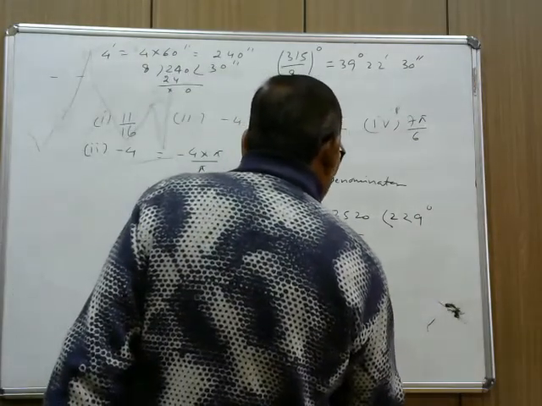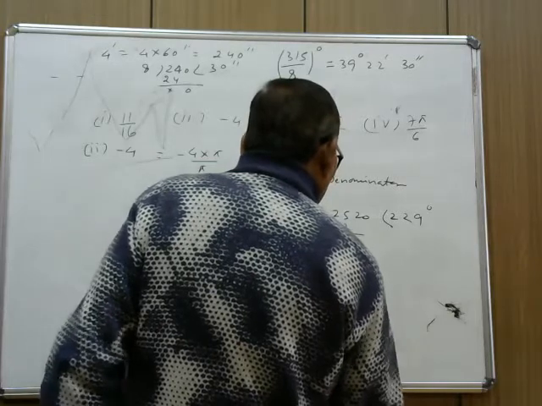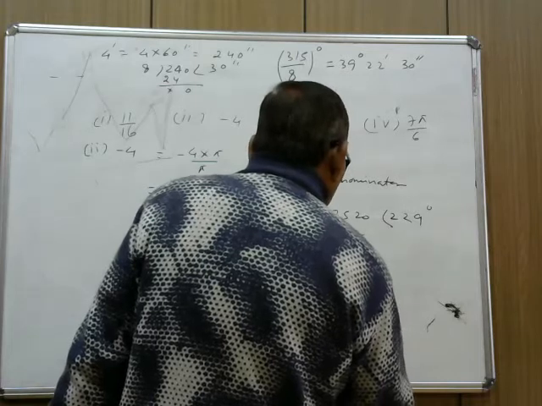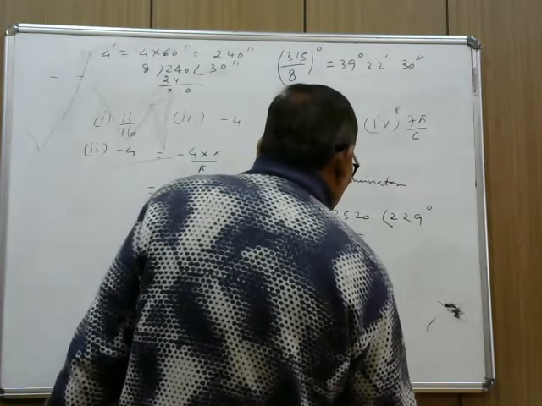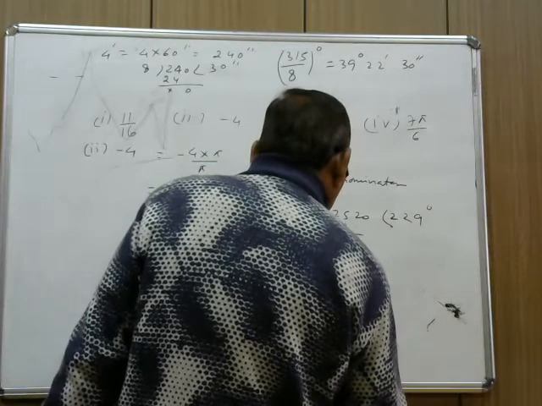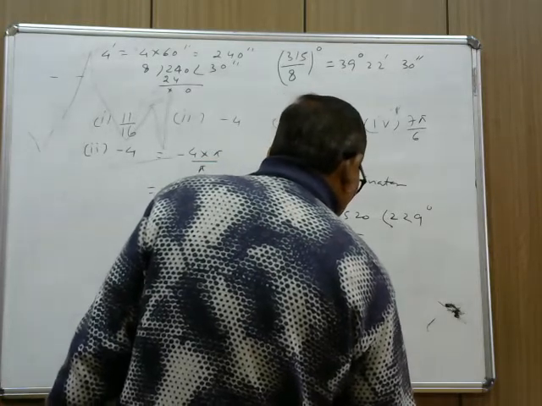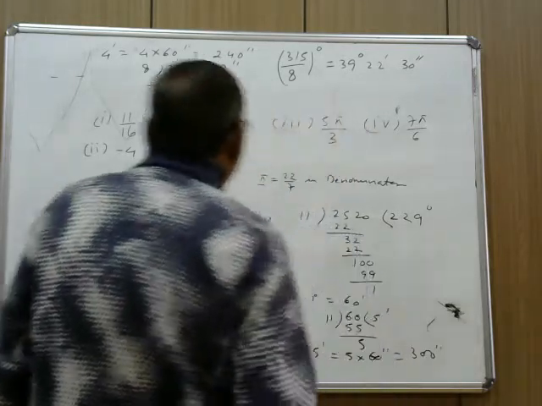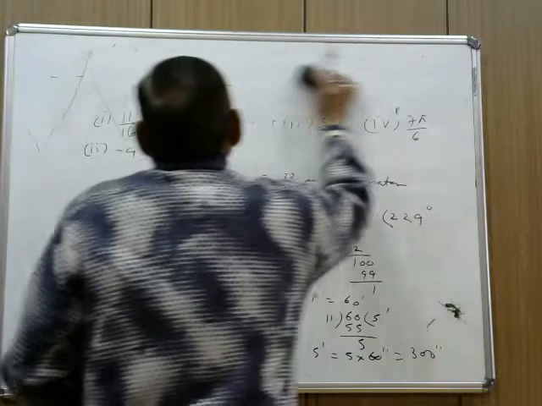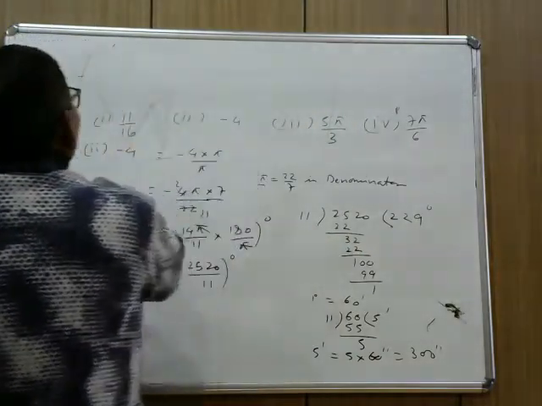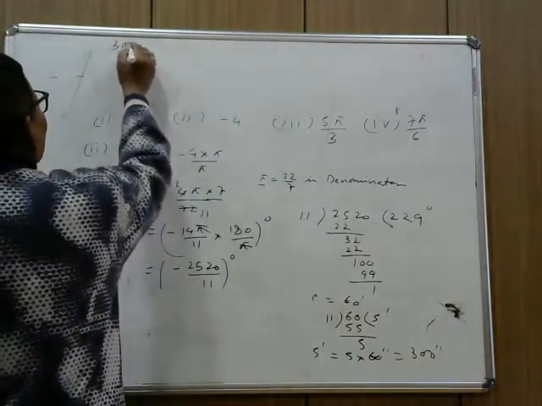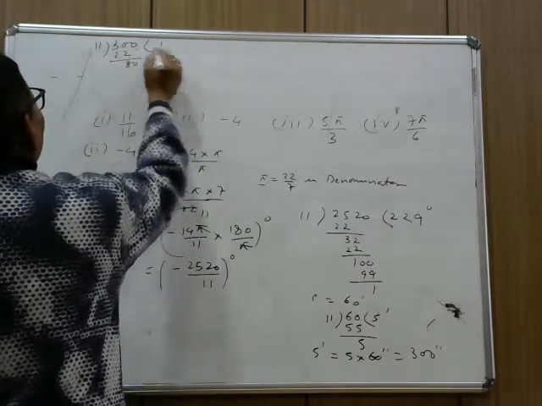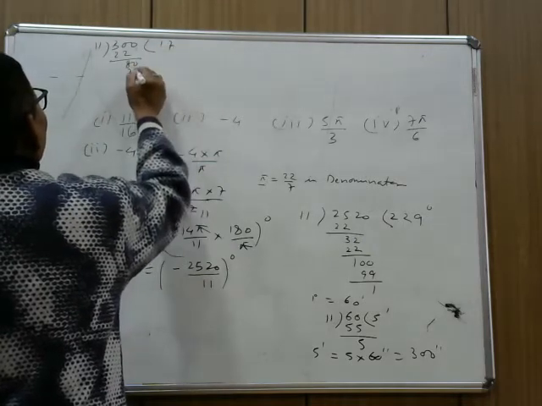Now 1 degree is equal to 60 minutes. You divide 60 minutes by 11. 11 fives are 55, your remainder is 5 minutes. 5 minutes is equal to 5 into 60 seconds, that is 300 seconds. You divide 300 by 11. 11 twos are 22, 80, 11 sevens are 77.